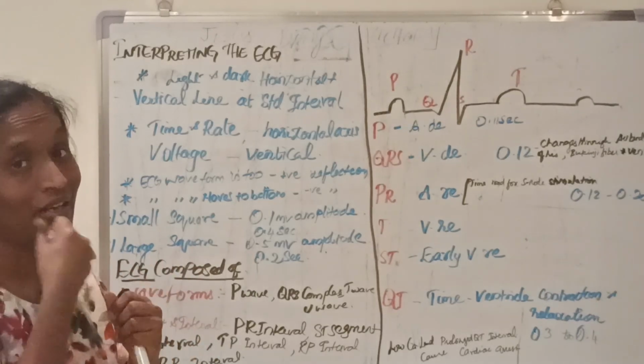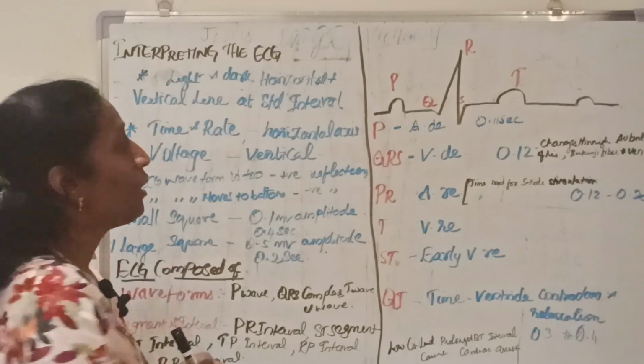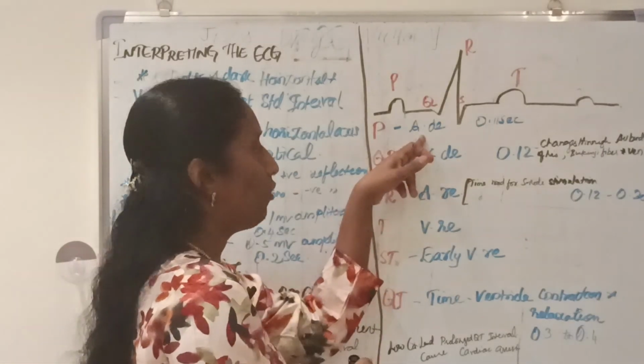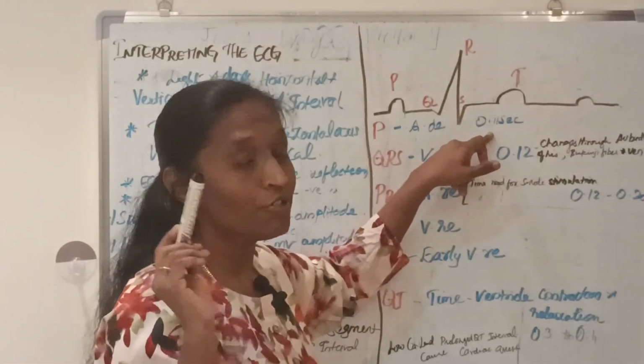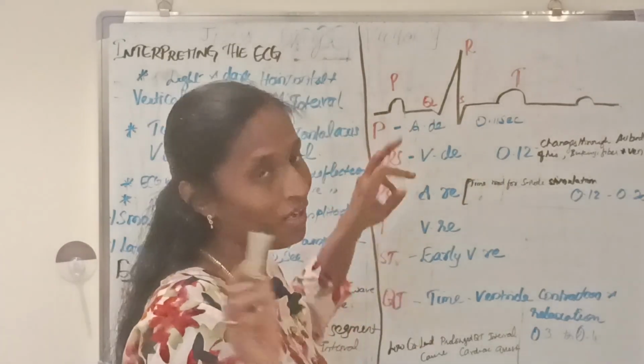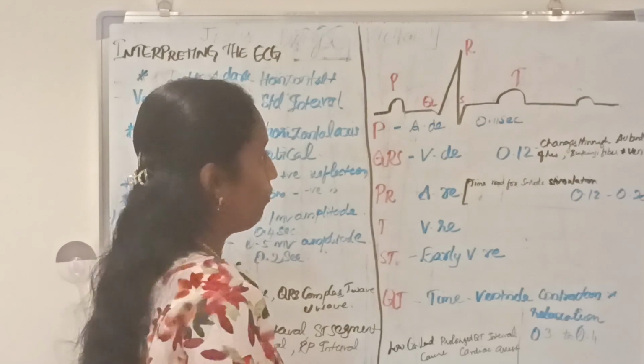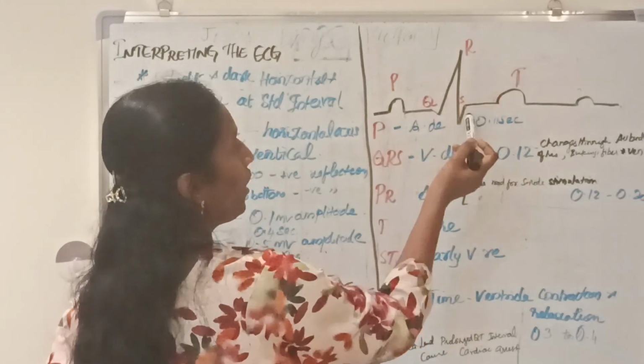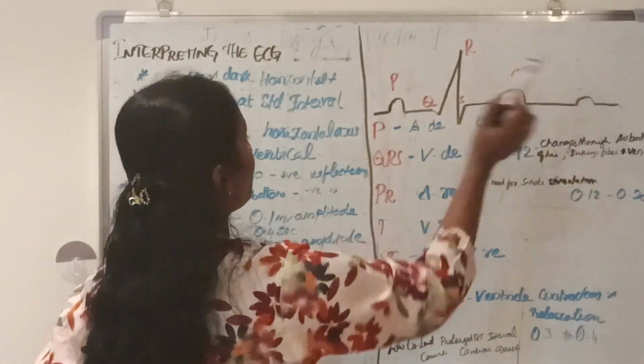So we call it atrial depolarization, which happens in 0.11 seconds. The P wave indicates the electrical depolarization. The next are the Q wave, R wave, S wave, T wave and U wave.